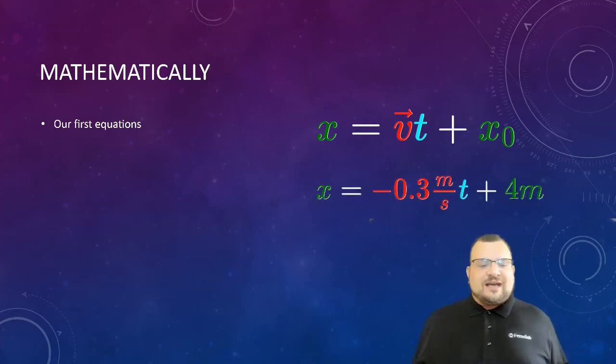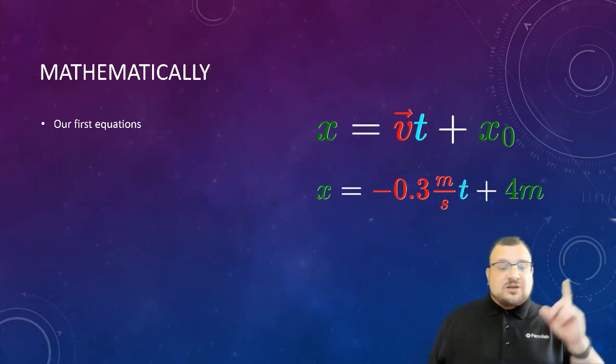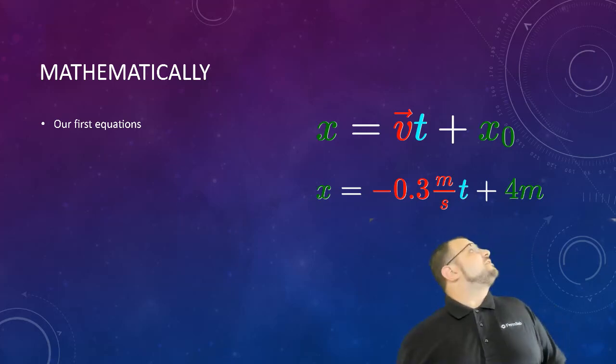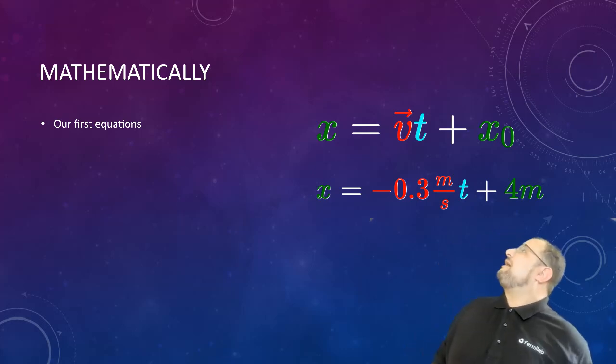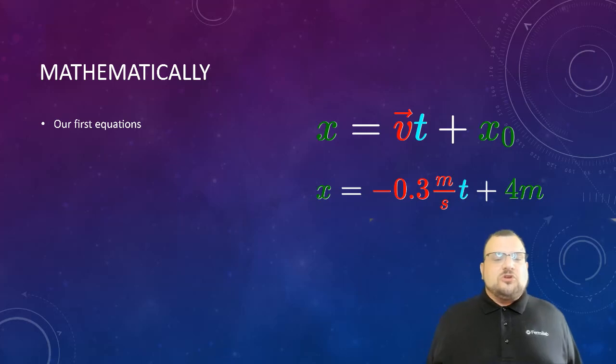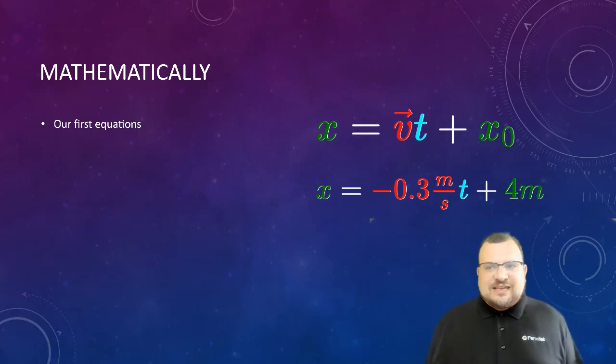We have x equals negative 0.3 meters per second, that's our velocity, times the time plus our initial starting position. Now you could be looking up there and going, hey, what's that funky arrow doing over that velocity? Well, that shows that velocity is a vector.